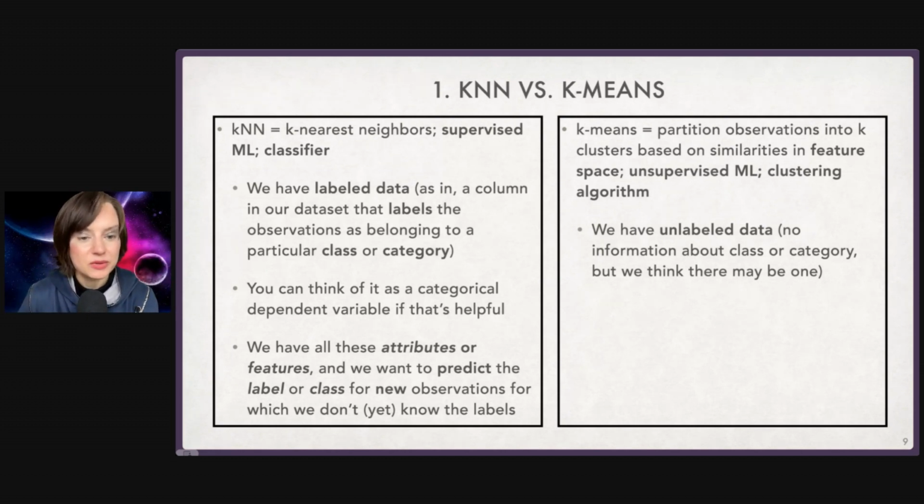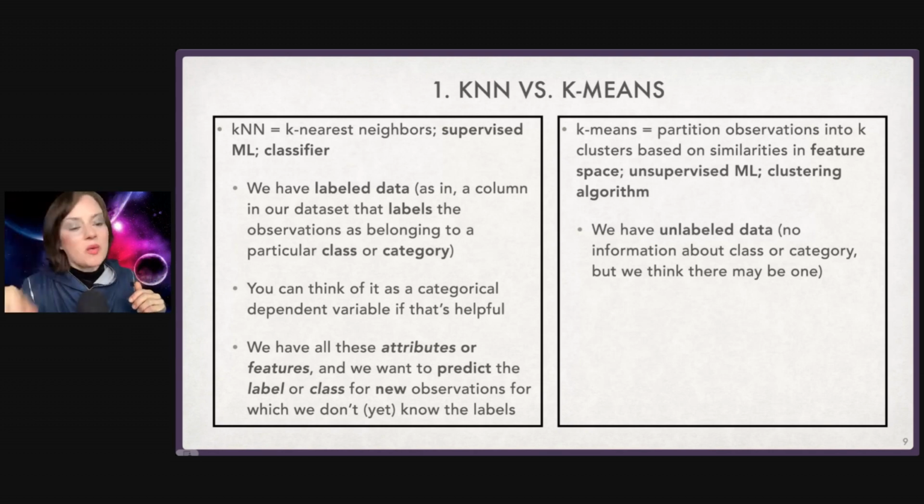We use k-means when we have unlabeled data, no information about what class or category, but we think there might be one. So for example, in our customer base data set, if I have data that says, here's how much money they spend, here's how much they interact with us online, here's how positive or negative their reviews of us are, and I have data that says they're a loyal customer, an advocate customer, a discount only customer, and I want to predict new customers in terms of what class they are, supervised.